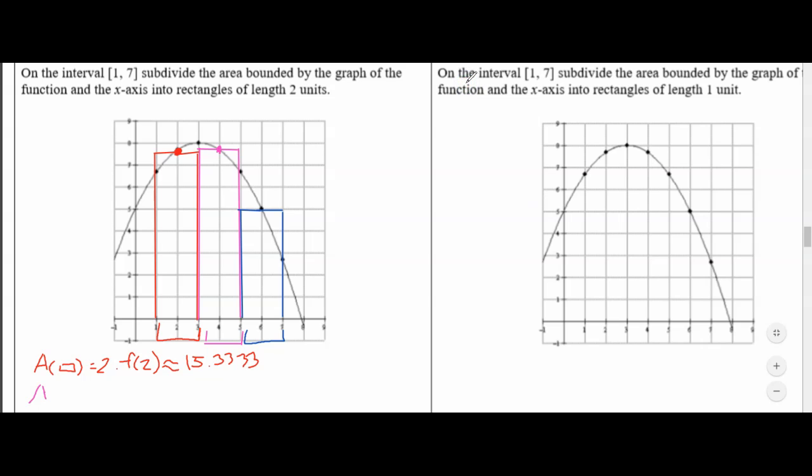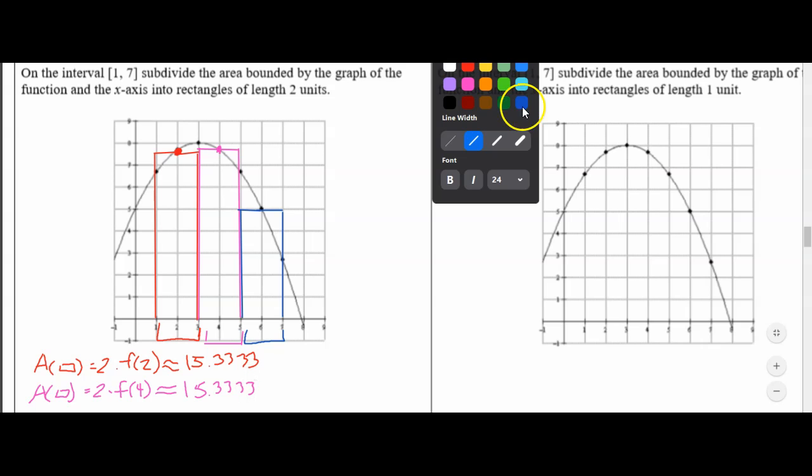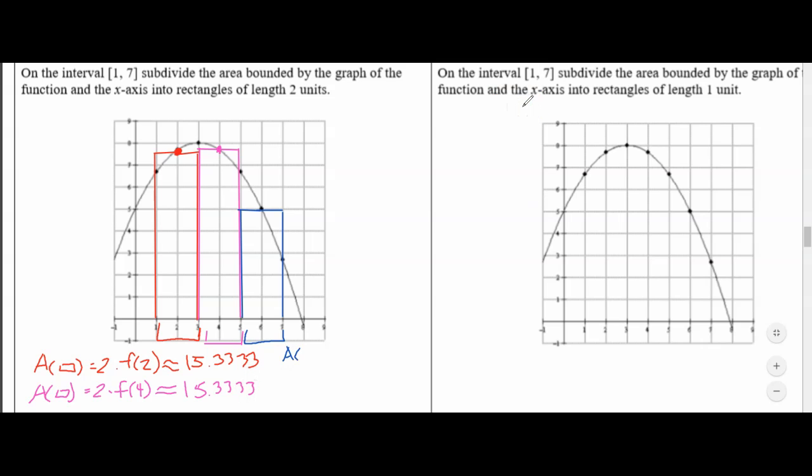For the pink, it's 2 times f of 4, which is actually going to be the same thing as f of 2. And then we have the area of the blue rectangle. So 2 times f of 6. F of 6 lands directly on 5. So we end up getting 2 times 5, which is just equal to 10.